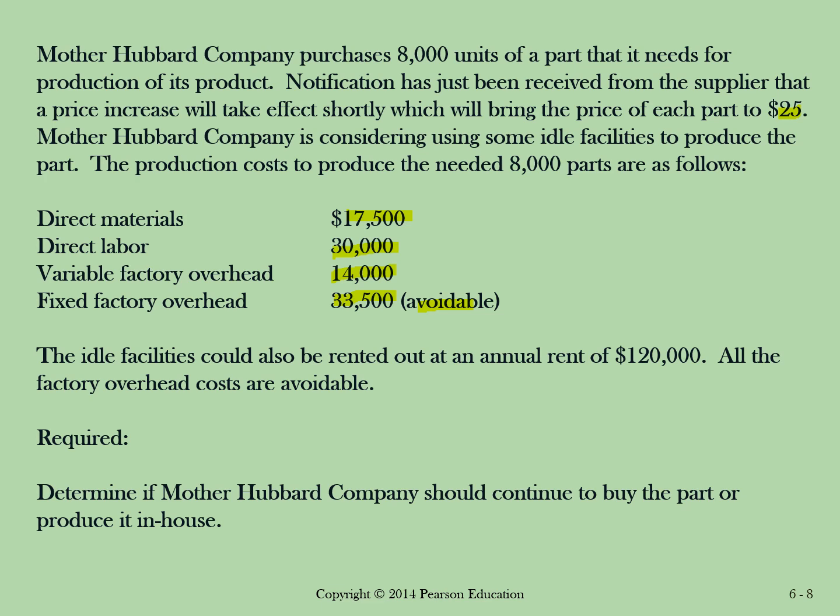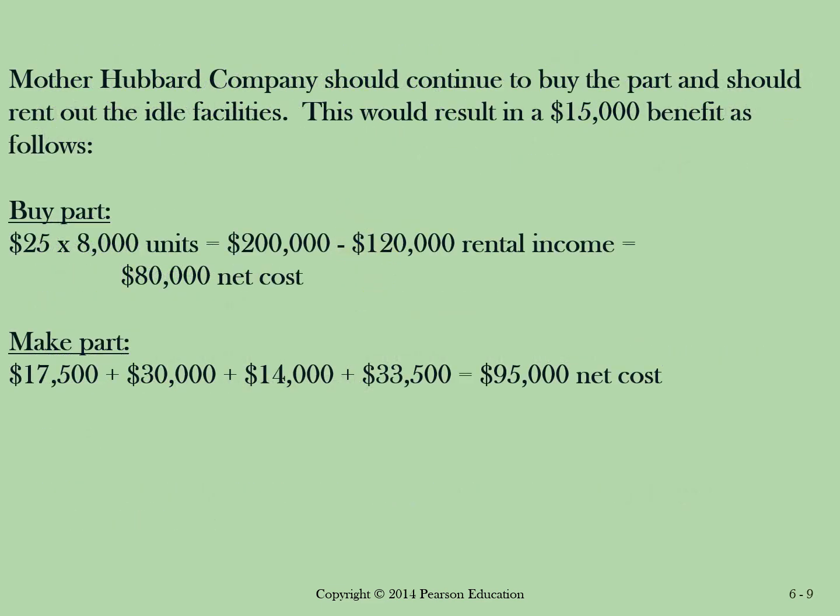And as we can see, the solution. If you are only with the buying part and making part without renting, you will find that the cost of buying is going to be 200 and the cost of making is going to be 95 as illustrated.